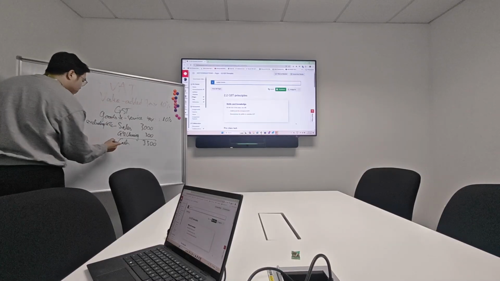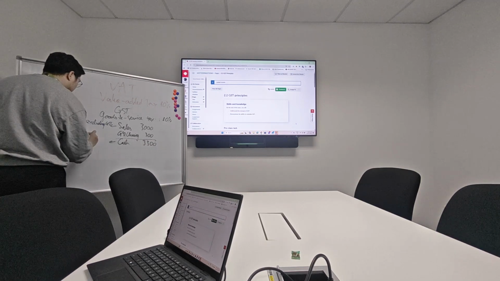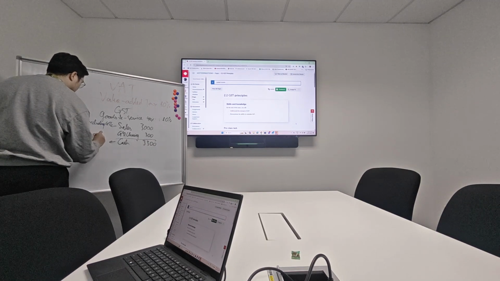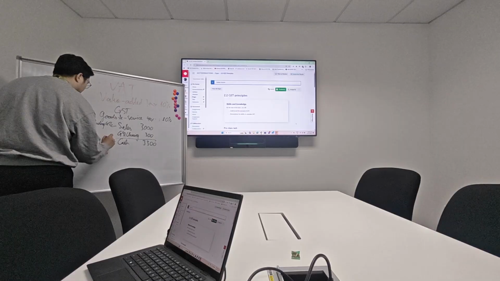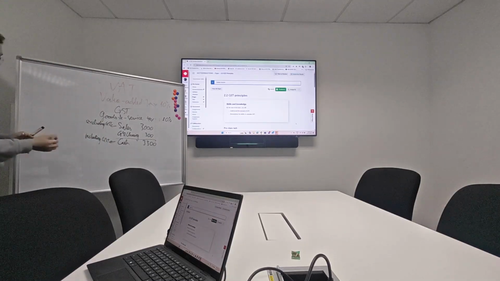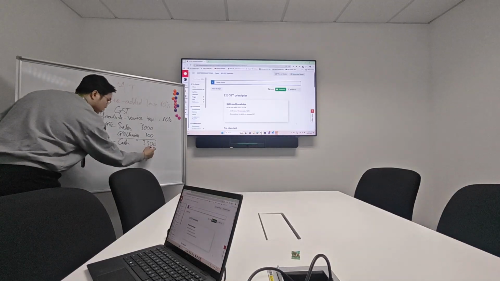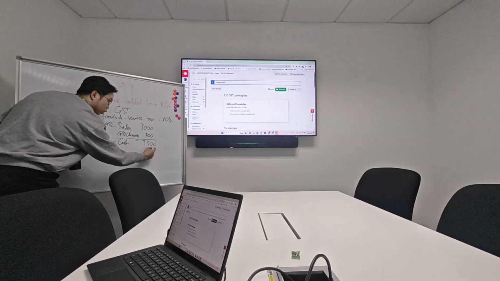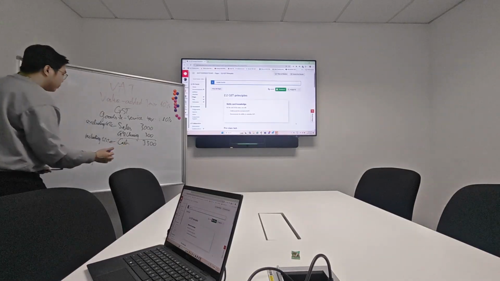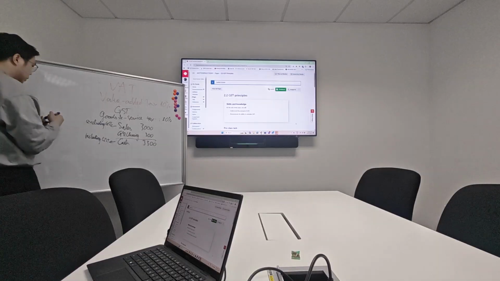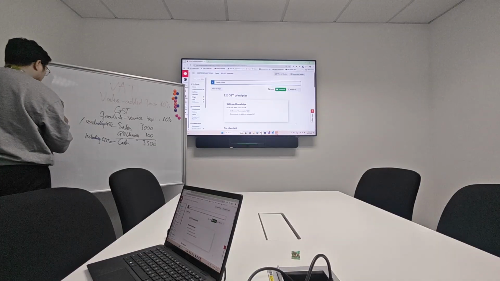And this figure here, we call it including GST, because within this number, there's already $300 of GST included in it, right? Other than excluding, sometimes we call it GST exclusive.